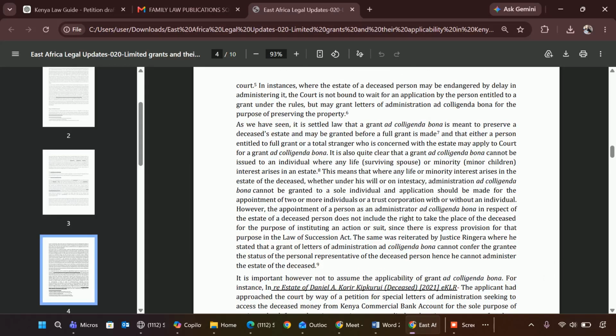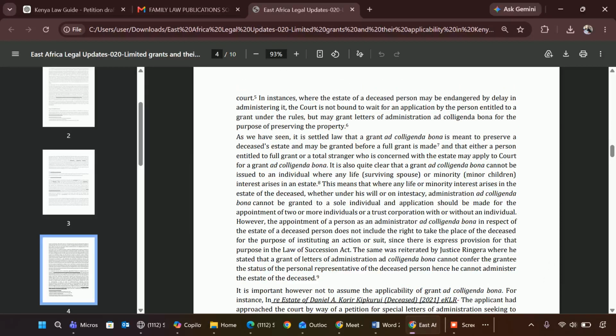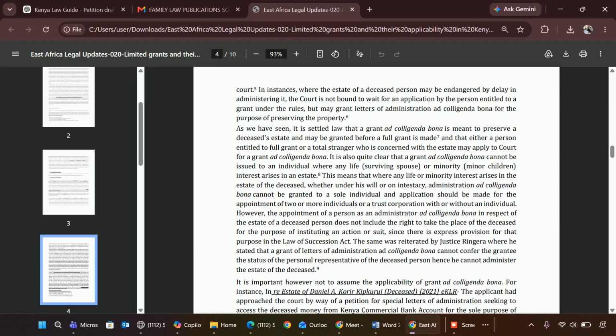This means that where any life or minority interest arises in the estate of the deceased, whether under his will or on intestacy, administration ad colligenda bona cannot be granted to a sole individual, and application should be made for the appointment of two or more individuals or a trust corporation with or without an individual.